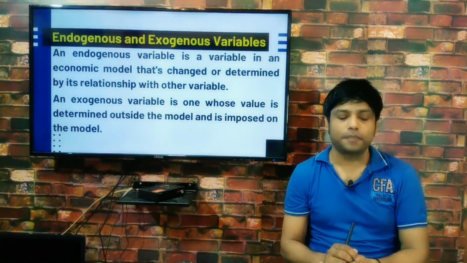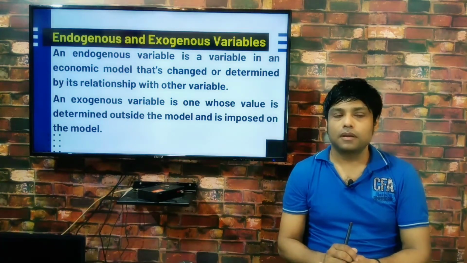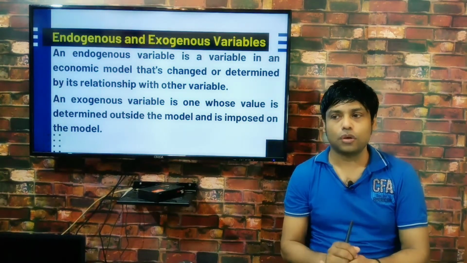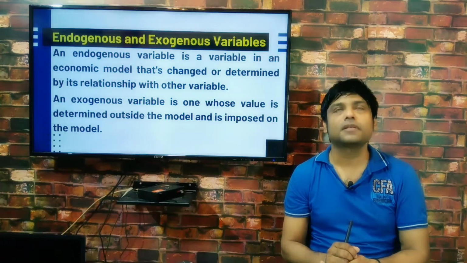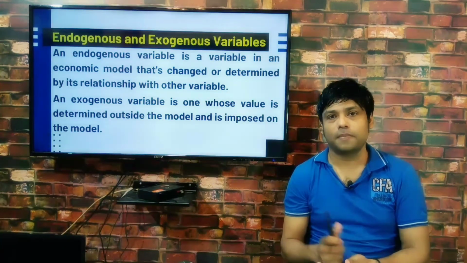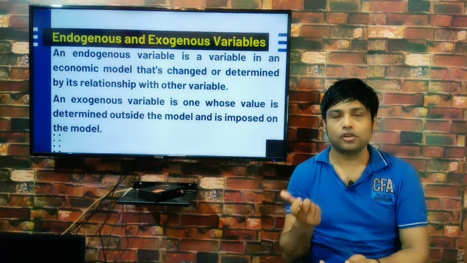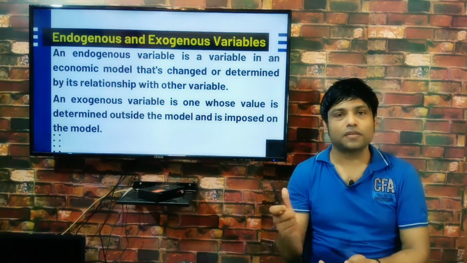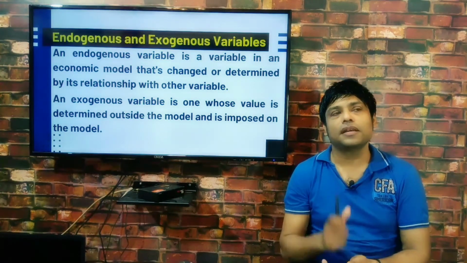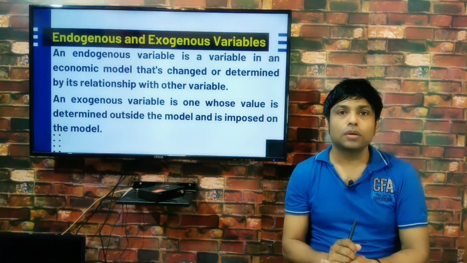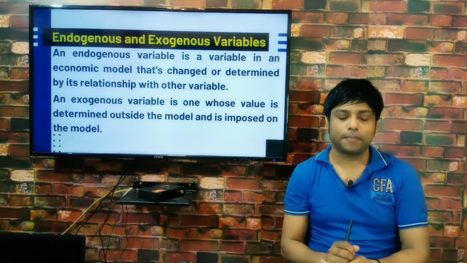Let me give you an example. Levels of income, output or employment, magnitudes of savings and investment, demand and supply, consumer taste for commodities, and stock of capital, etc., are essentially variables which are internal to the economic system.